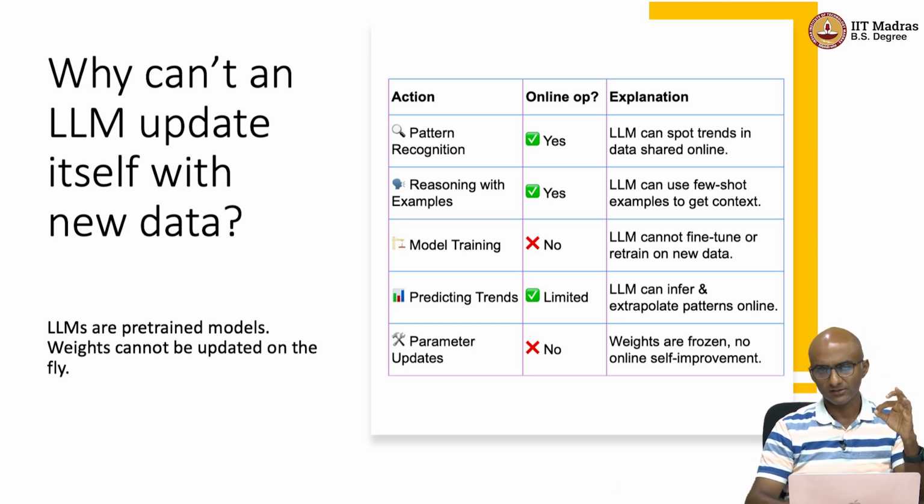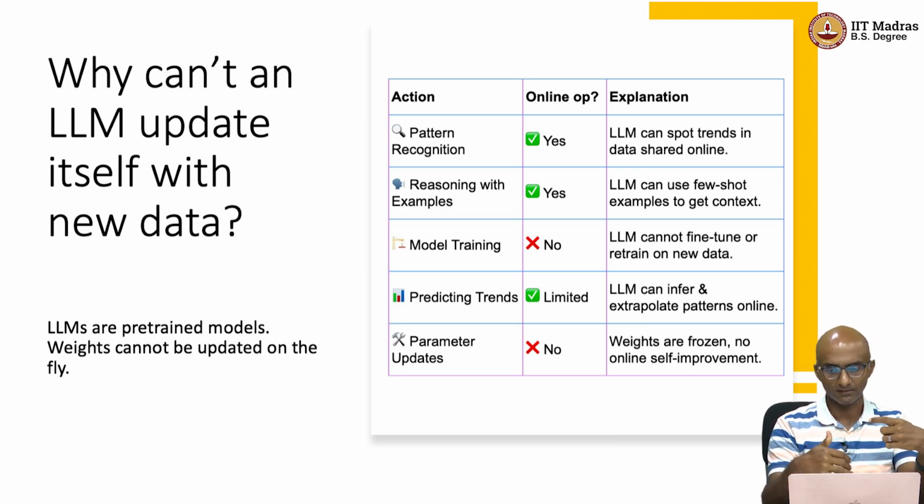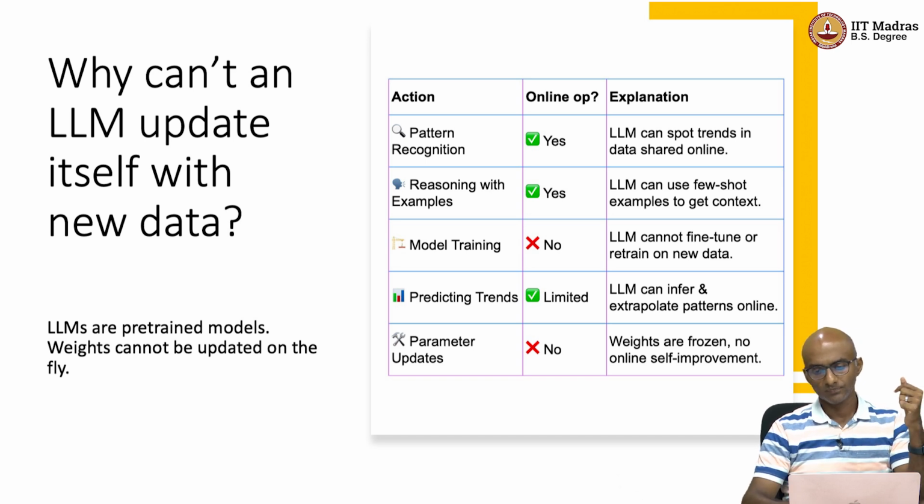If you look at pattern recognition as an activity, online operation is absolutely possible, which means this falls under the category of activities which are good for taking a fine-tuned LLM and using it in a zero-shot manner, which means you're not giving examples, you're just asking it to work in a new pattern recognition context, which it can do, or give it a few examples and it can immediately pick up on how to recognize the pattern. That's what we mean by online operation. So the trends can be spotted online and it can be extrapolated from there.